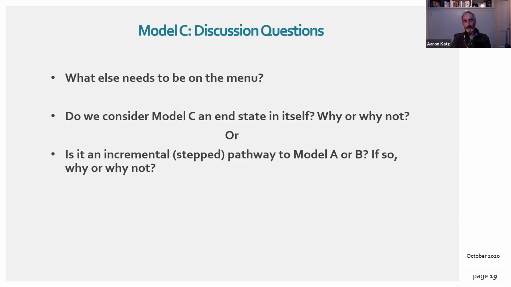I'm not suggesting that this happened in the work group's report, but the Model C that I think we need to be pushing for is one that builds the infrastructure for that end state.